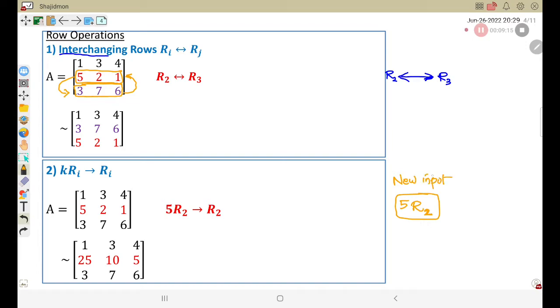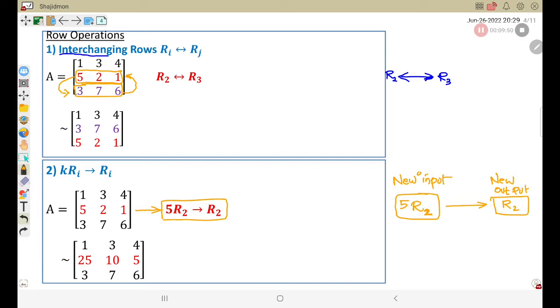Whenever we are doing a program, we have input and output, so this is the new input we need to give. The complete second row we multiply by 5, and whatever answer you get is the new second row. This is the new output row. When we give a new input, we get a new output row. So we represent it like this: 5R2 gives R2. See here, 5R2 gives R2. It is better to always write it to the right of the row.